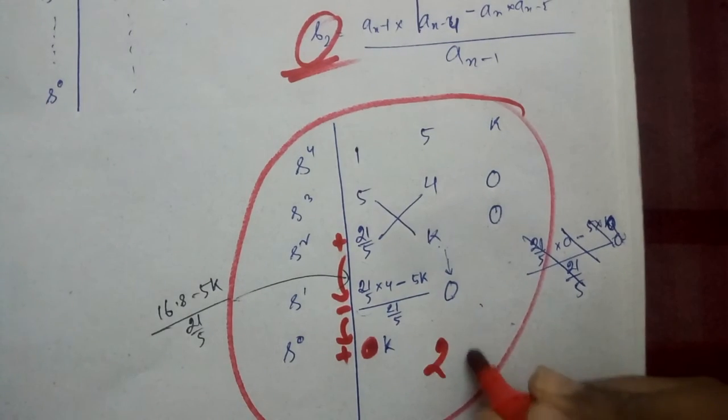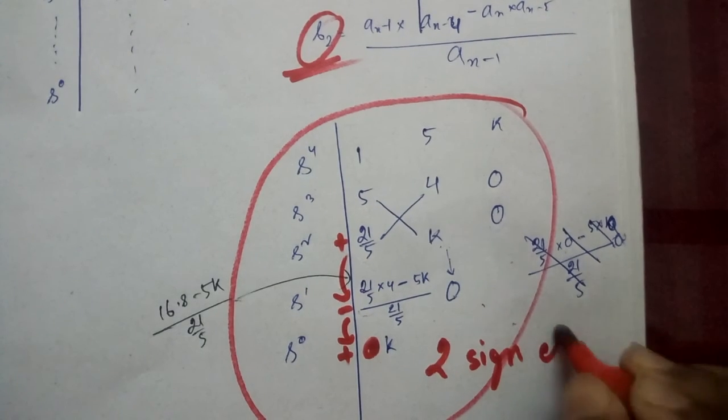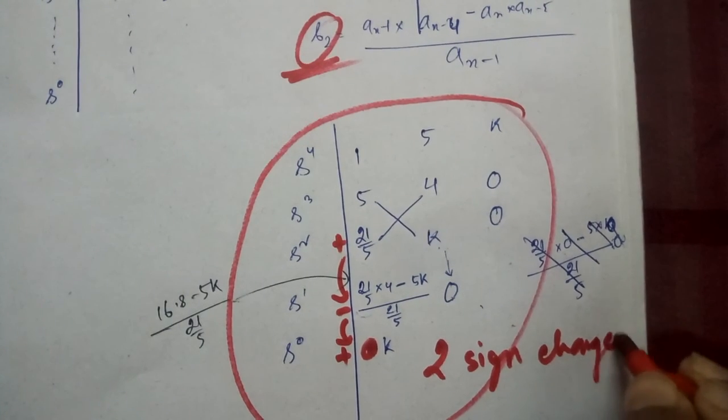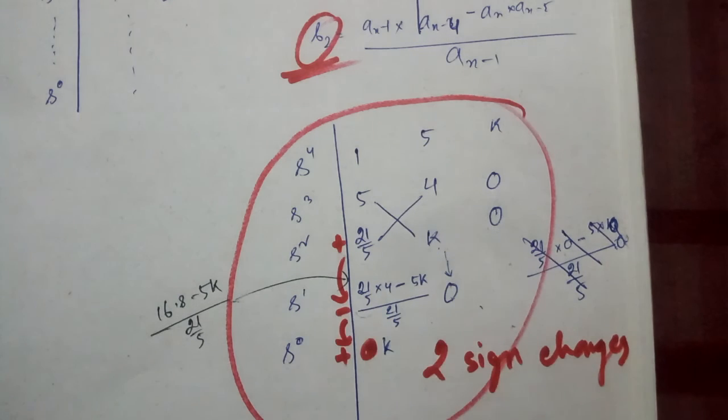So 2 sign changes. With this negative we can directly say that the system is unstable, and the number of poles causing instability will be 2.